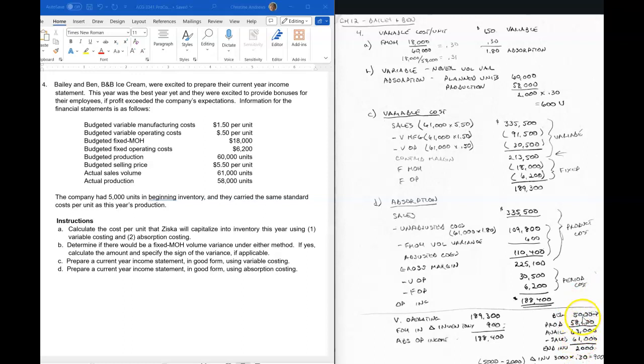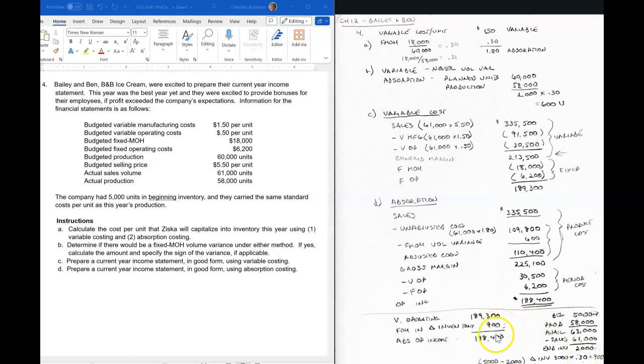There's my beginning inventory. I produced 58,000, so we've got 63,000 available. Minus sales of 61 gives us an ending inventory of 2,000. So that's a net change in inventory of 3,000 units at 30 cents apiece, which is $900.